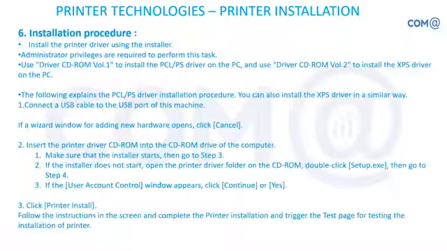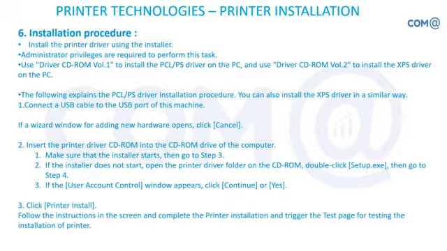The sixth one is the installation procedure. We have to install the software through CD-ROM. If the software CD is not available, then you can take it from some other share if it is already stored. So connect the USB cable and open up the wizard.